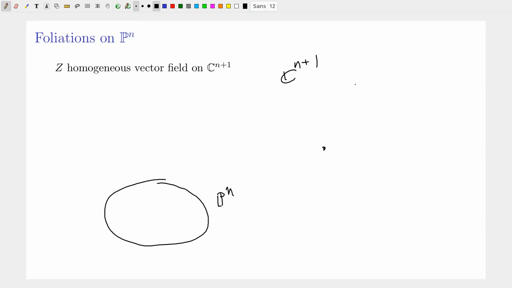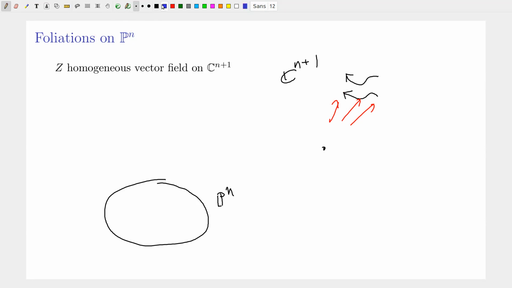So this homogeneous vector field will have some integral curves. And in fact, these curves will be invariant by the action of homotheties on Cn+1. So if I act by some homotheties, I will preserve the integral curves.